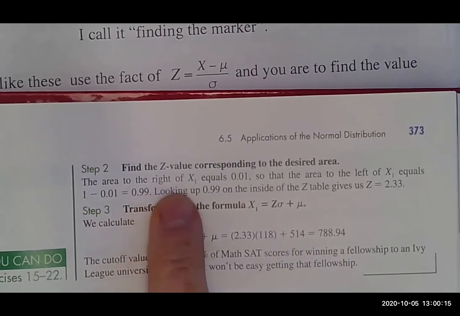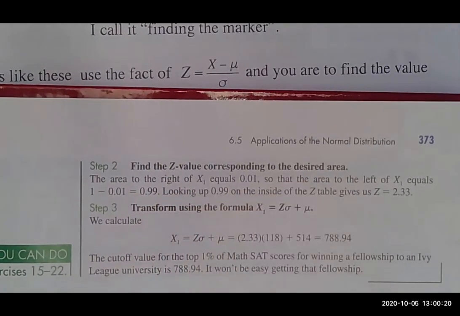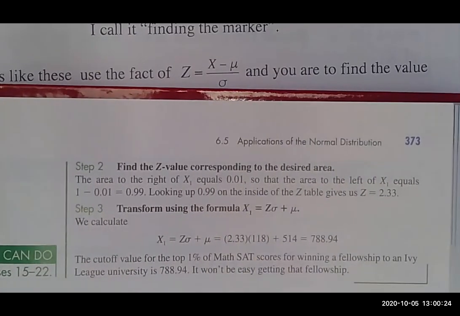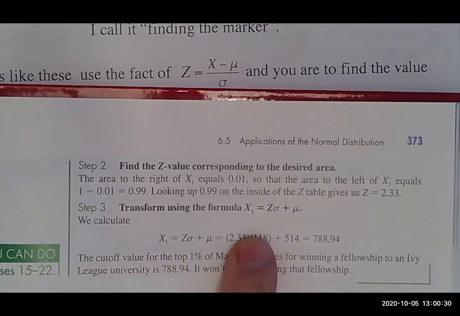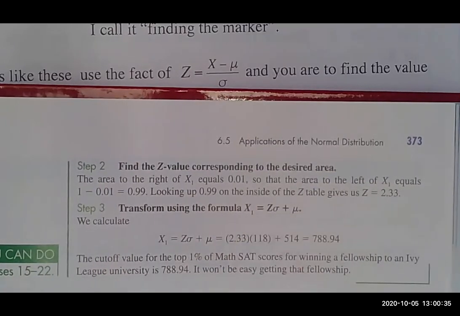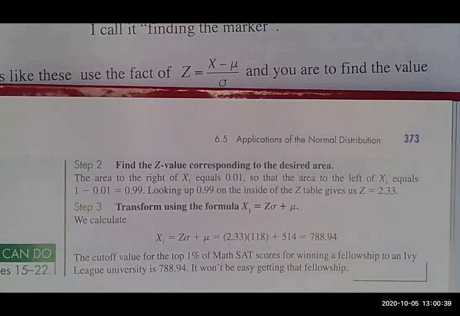Step 2, they said find the Z value for the corresponding area. Now, that says you look it up in the table. Not doing it. So step 2 is not helpful, and step 3 is not helpful either because you need the Z. You don't know that. So what do we do? I'm going to show you here in a moment.